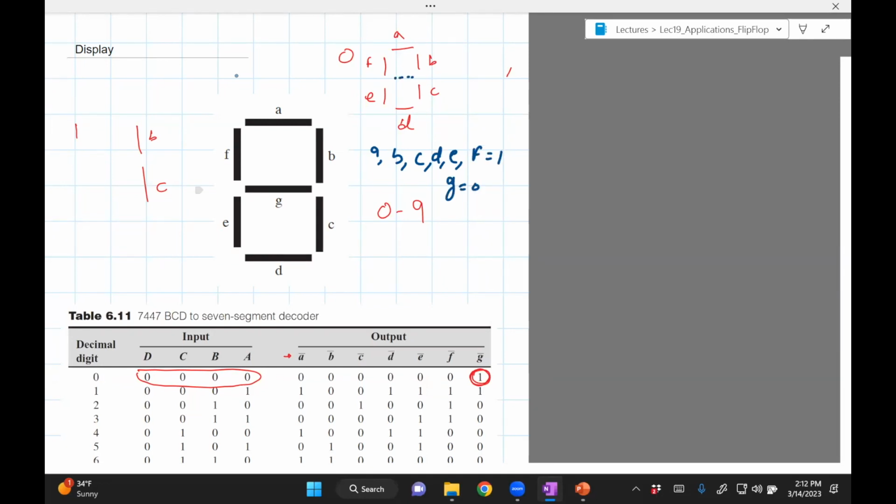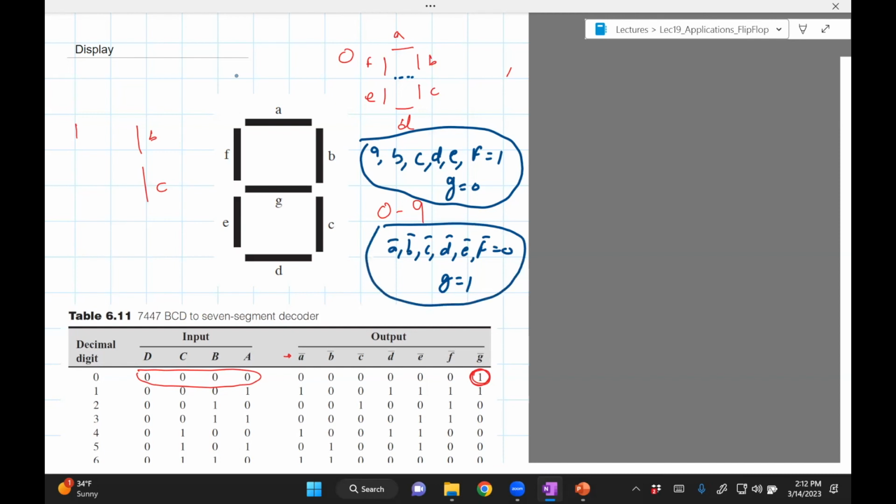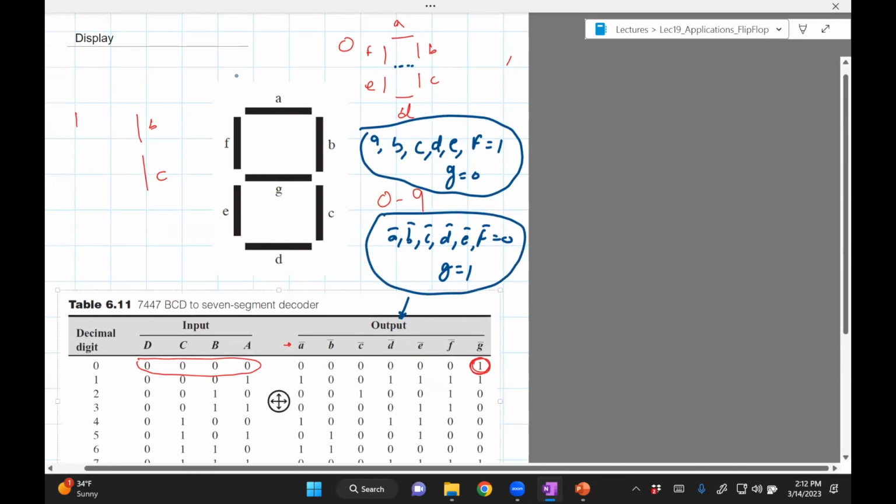Because this is G, the LED there should not light, which means that if you take the complement, then A bar, B bar, C bar, D bar, E bar, F bar should be 0, and G bar should be 1. This output shows precisely this. It shows the complement.